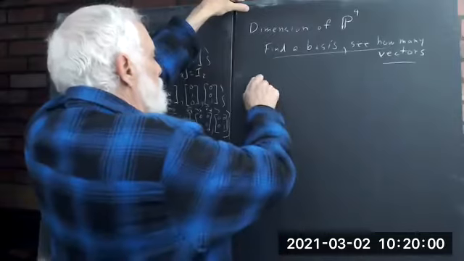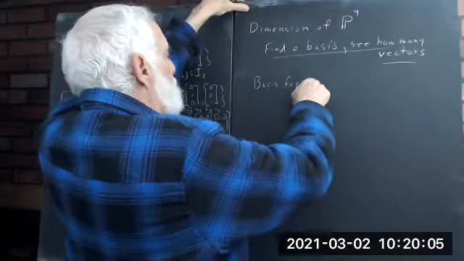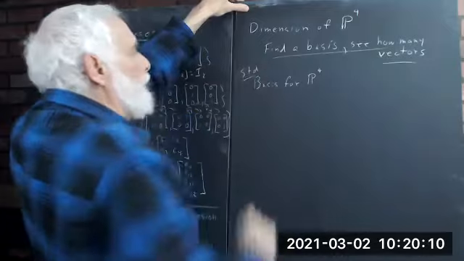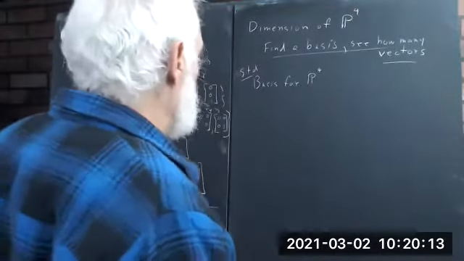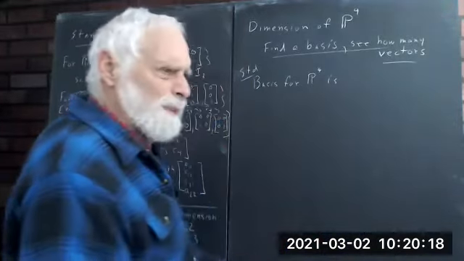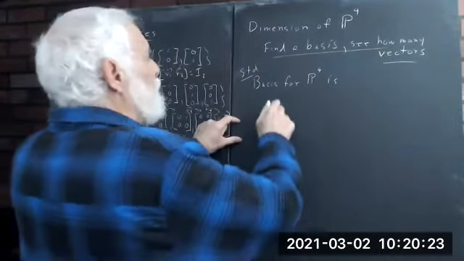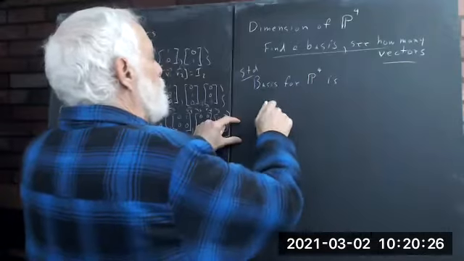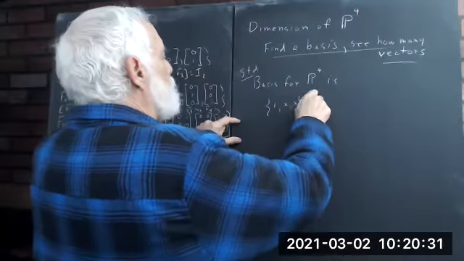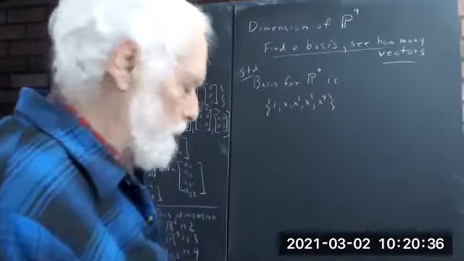Okay, well, the standard basis for P4 is, ouch, keep doing that. Eventually I'm going to develop some resistance in these knuckles. Okay, the basis for P4 is the set 1, x, x squared, x cubed, x to the 4th.